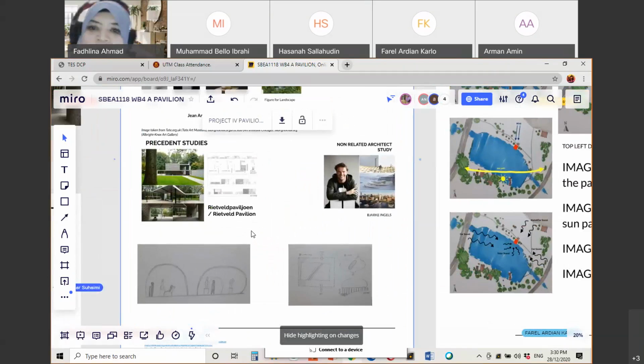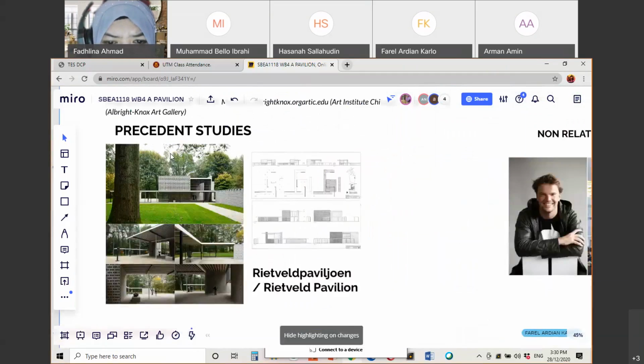So the precedent studies, I still use the same precedent study as the previous presentation, which is the Rietveld Pavilion.